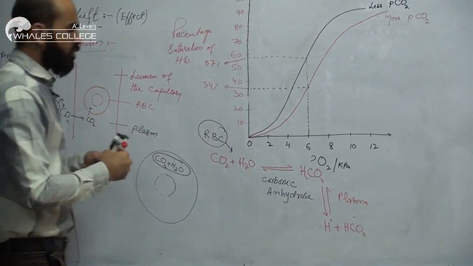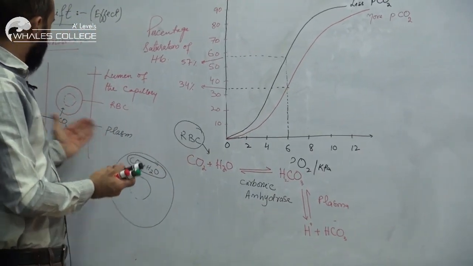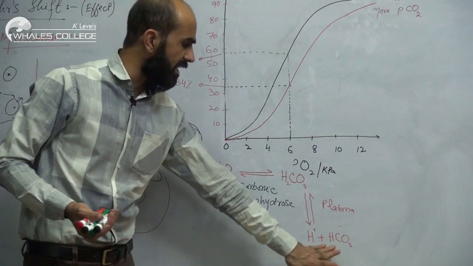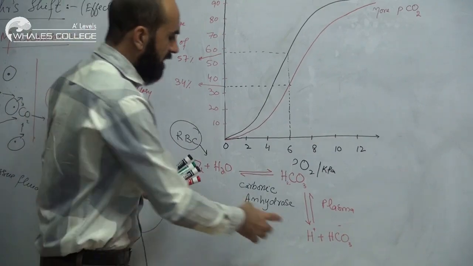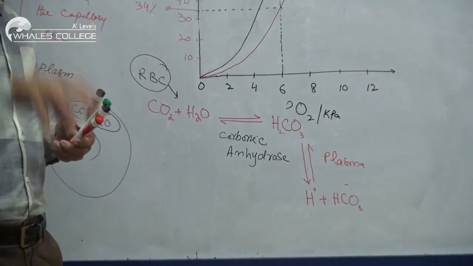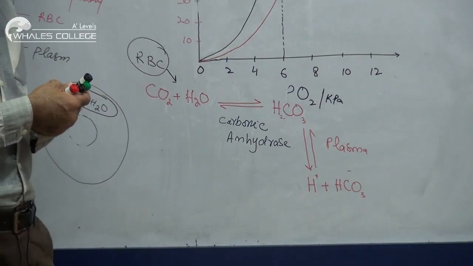So once the H2CO3 has been formed, it can pass out into the plasma from the RBC where it dissociates into H plus ion and HCO3. Now these hydrogen ions should not remain for a longer period of time in the plasma, otherwise it will lower the pH and the blood will become acidic.